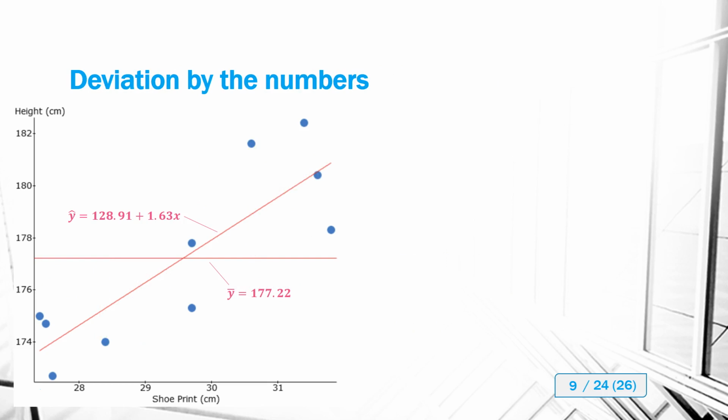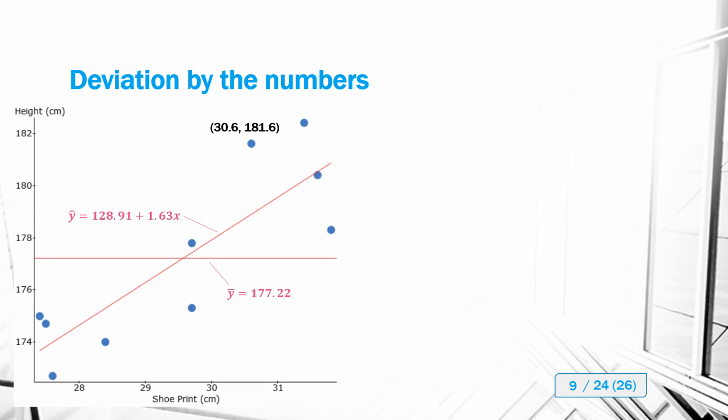How does this work out when you actually put actual numbers into it? So here I have the same scatter plot, same data points, and I have the regression line and the mean line. So let's look first at the data point that we looked at first. 30.6, 181.6.